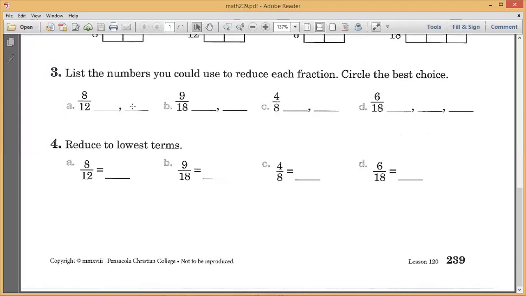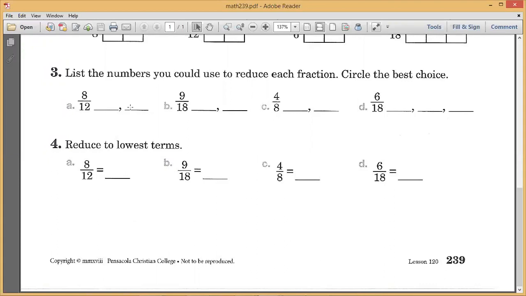It's one of my favorite lessons in math when I was in third grade, and it is what you call the greatest common factor, or commonly known as GCF. That is what you will use to find the numbers you could use to reduce the fraction.